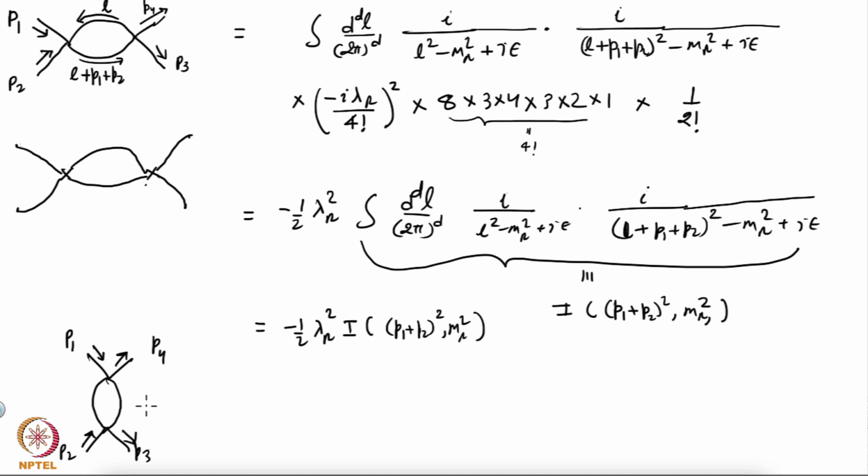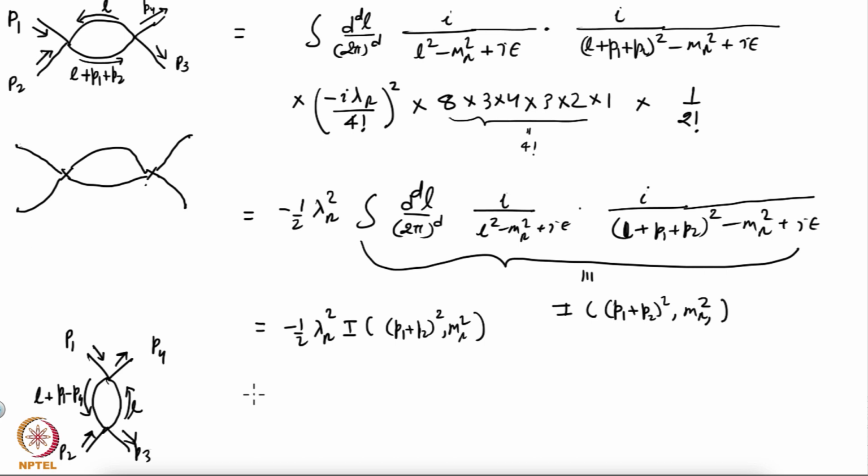Okay, let's assign loop momentum like this. It doesn't matter which way you assign the loop momentum. L plus P1 minus P4. Okay. L enters at this vertex, P1 also enters here, and P4 exits. So L plus P1 minus P4.